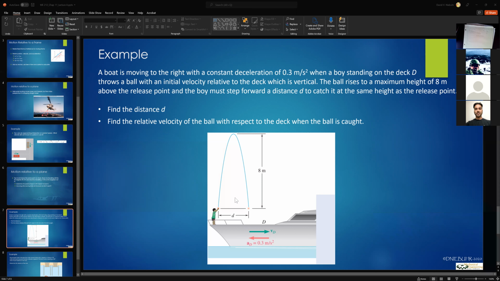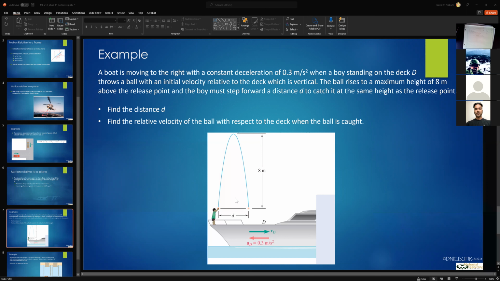And so because the deck is slowing down, the ball isn't going to land vertically again right where the boy is. The boy is actually going to lag behind the ball because the deck's not moving as quickly as the ball is anymore because it's slowing down. So he's going to have to step forward a distance d in order to catch it.